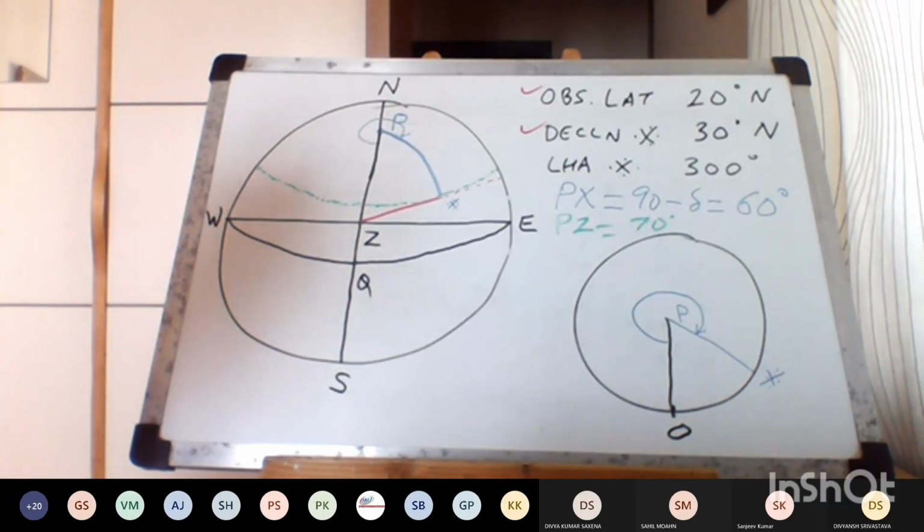Here I will try to tell you a little more about azimuth and amplitude, just because we have this diagram now. What is the azimuth in this case?